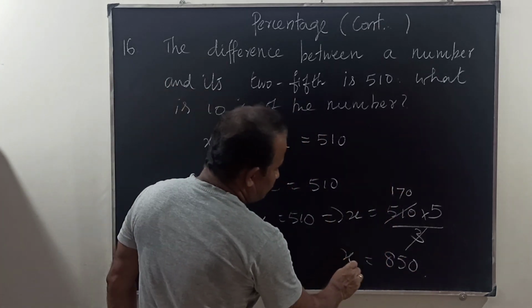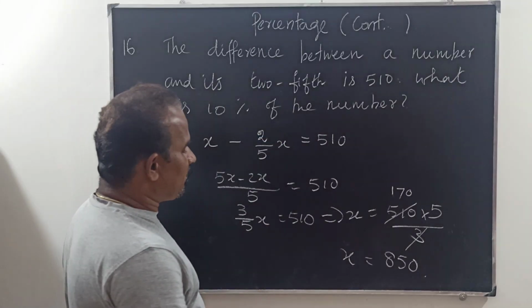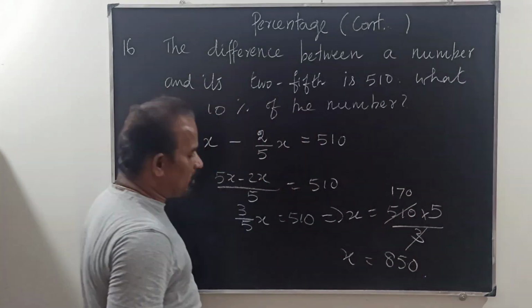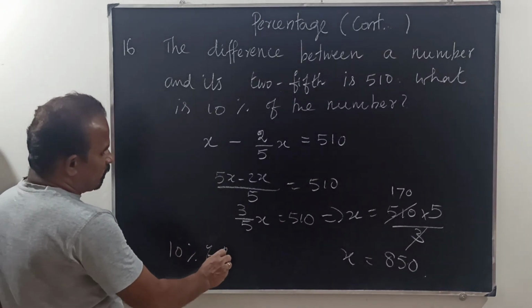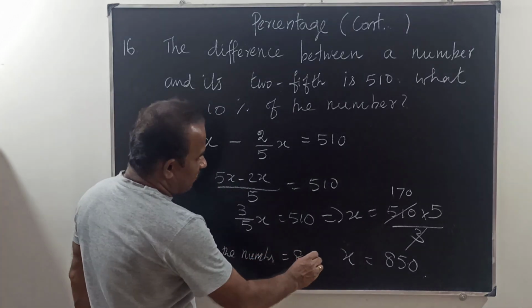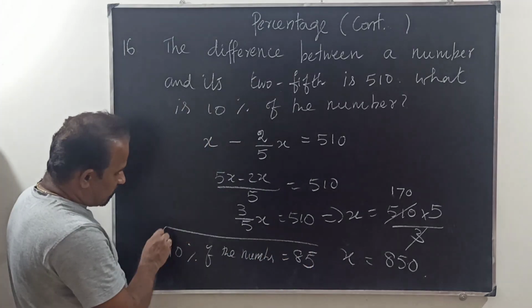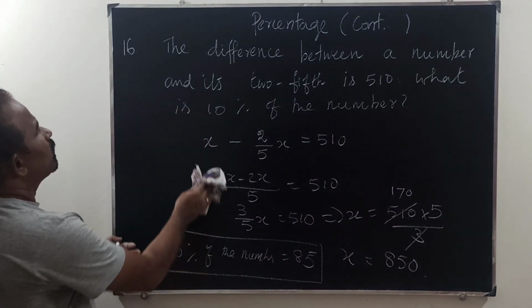So the number is 850, but what they are asking is 10% of the number. Therefore 10% of the number is 85. So 85 is the answer. Understood?